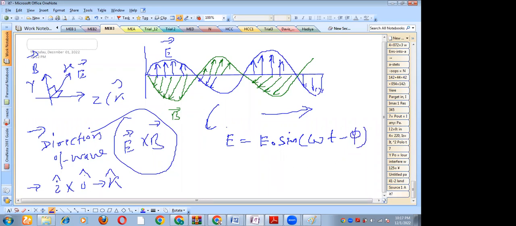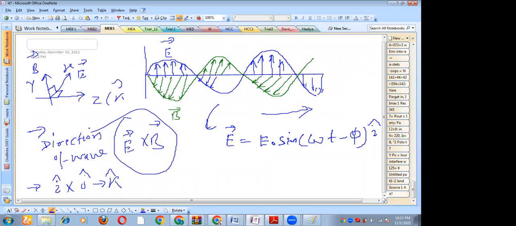Similarly, you can represent the magnetic field. If magnetic field is along y direction, we will put it as j.